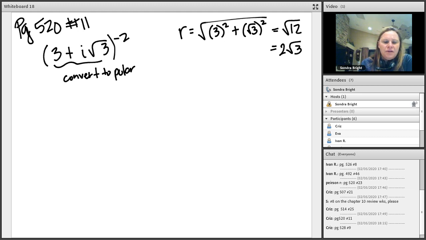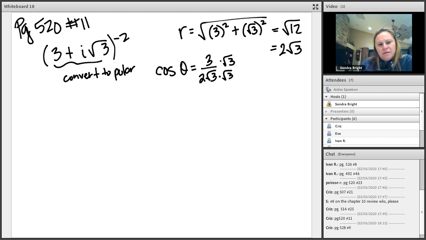And then cosine of your angle would be x over r, so 3 over 2 root 3. You would need to rationalize that, so it would be times root 3 over root 3, which will give you 3 root 3 over 2 times 3, and your 3's cancel.